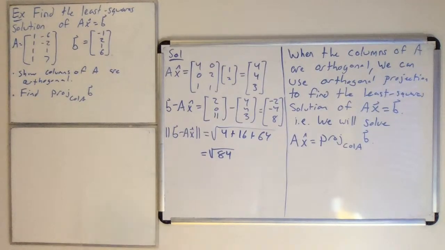Yep, exactly, Taylor. The way we show columns are orthogonal is we just take the dot product and show that it's 0.